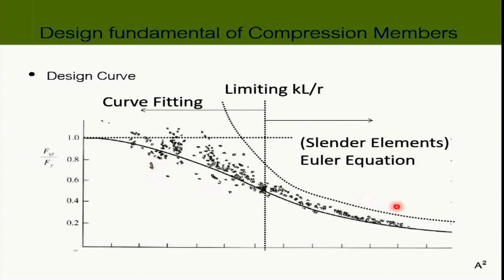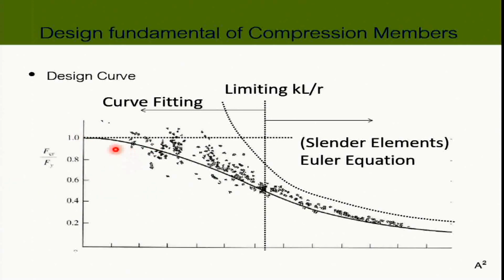And from the test, they found out the effect of the residual stress and the out of straightness, and therefore from the original curve here, the dotted line, the design curve has been the curve that its value is reduced from the original one. Okay, and therefore we have this curve for our design, and from theory now it becomes a business of curve fitting.